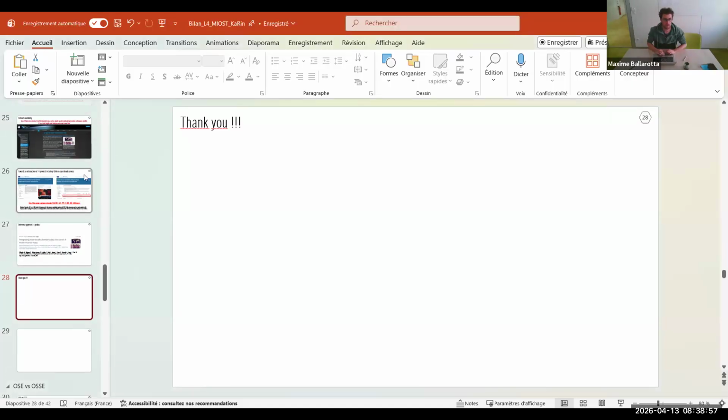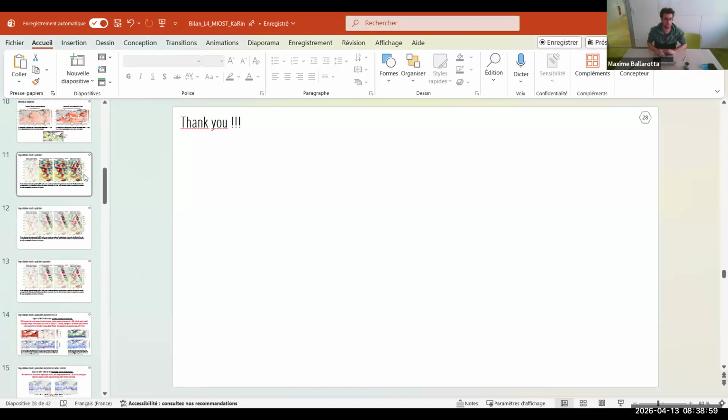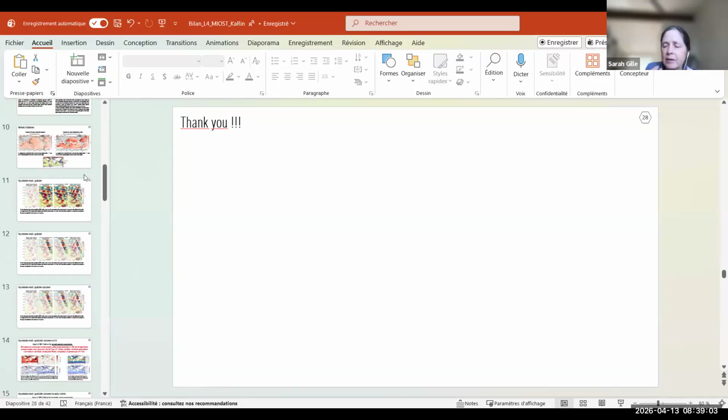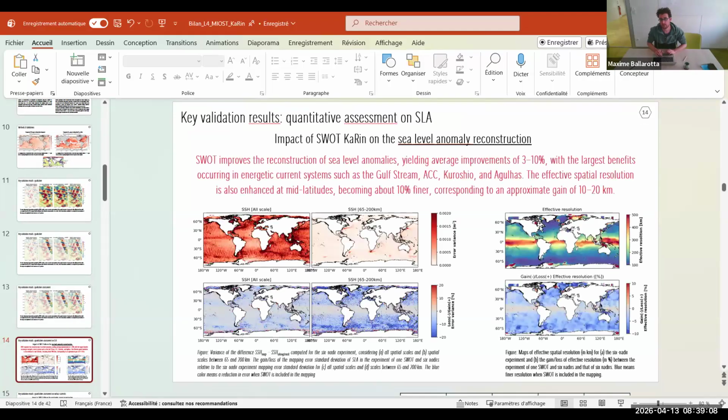So the effective resolution would be coarser than the 1/8 degree resolution. The gain in resolution, as I mentioned, is between 10 to 20 kilometers. So when you have, let's say at mid-latitude, 100 kilometer effective resolution, it's definitely larger than, maybe a 10 grid point, 10 grid spatial point.